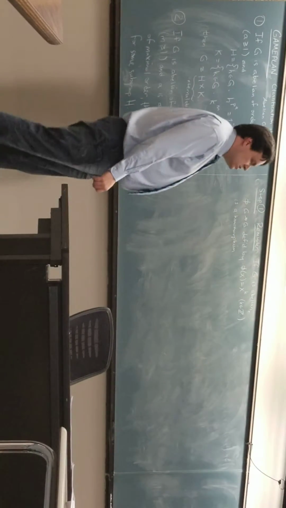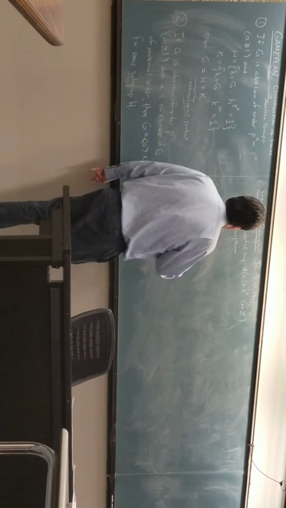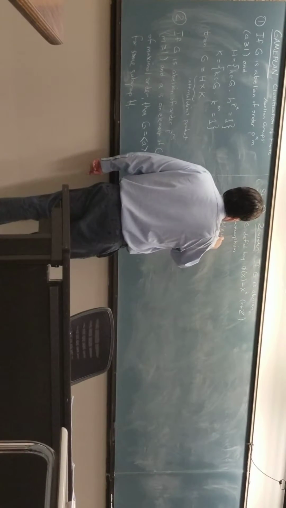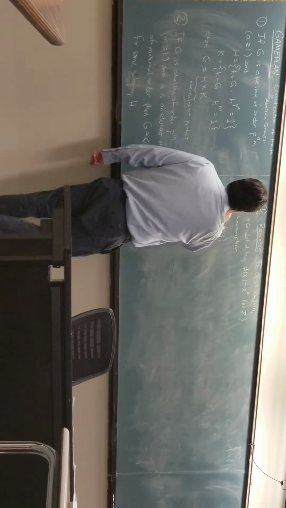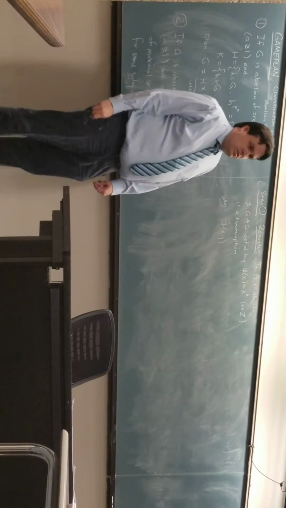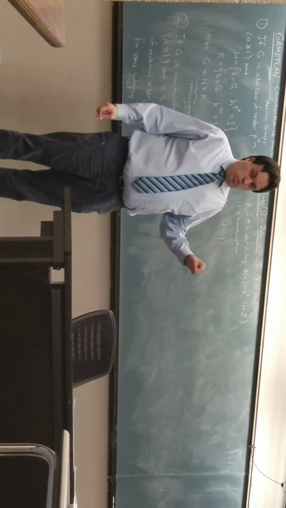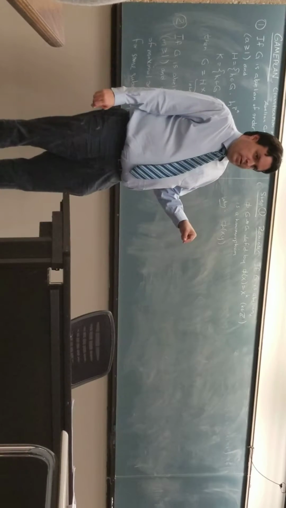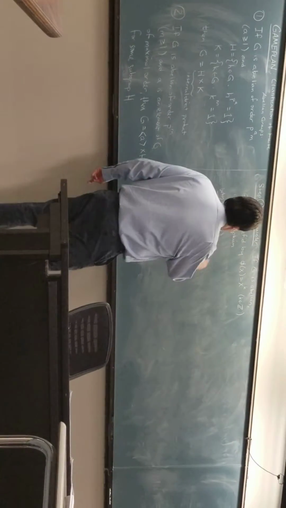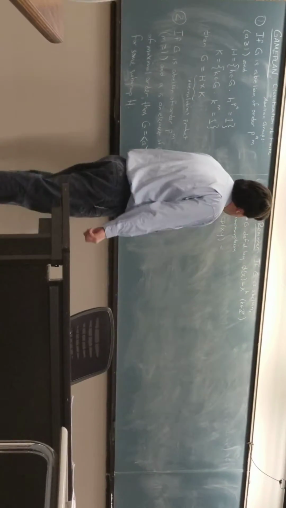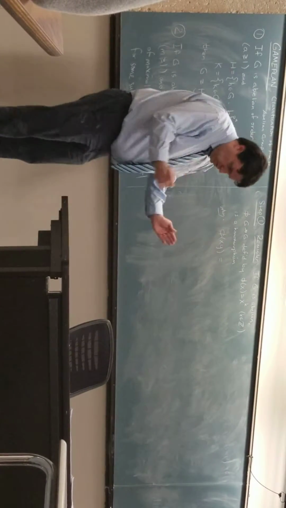Here's a brief sketch of why it's a homomorphism. To show it's a homomorphism, show phi of xy equals phi of x times phi of y. Well, what's phi of xy? It's (xy) to the k.